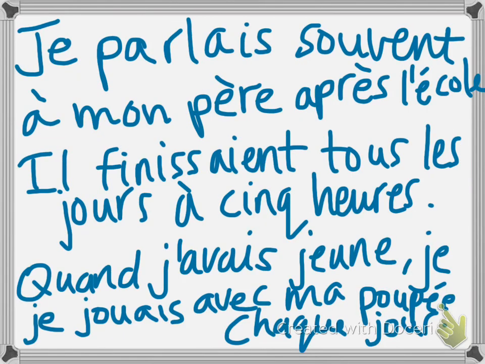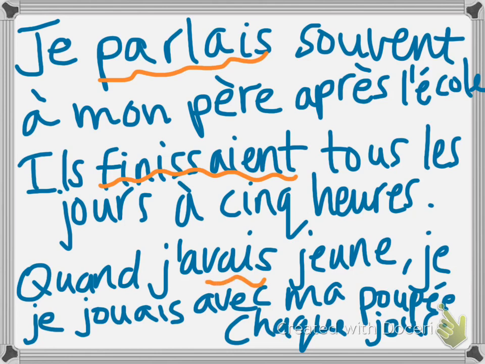Here are 3 examples of habitual actions described with the imparfait. Je parlais souvent à mon père après l'école. Il finissait tous les jours à 5 heures.